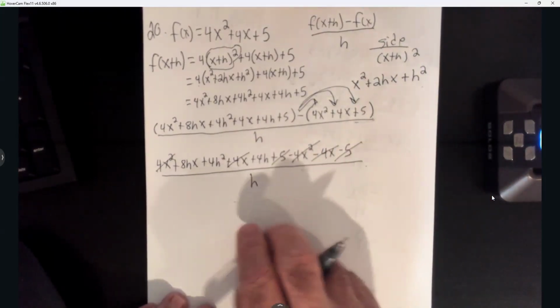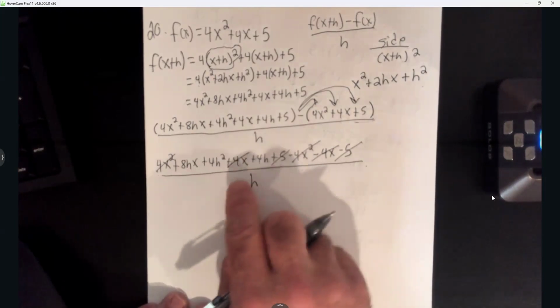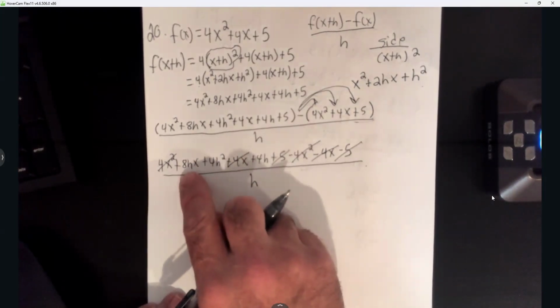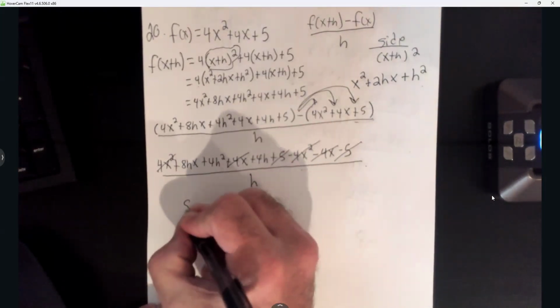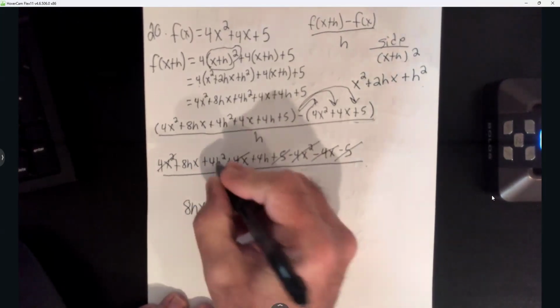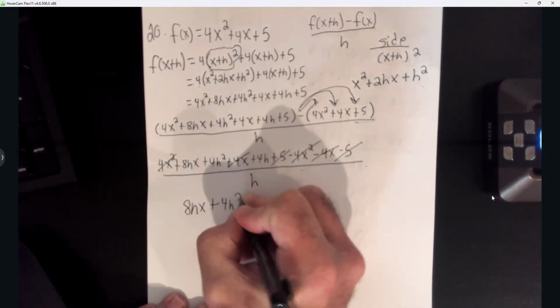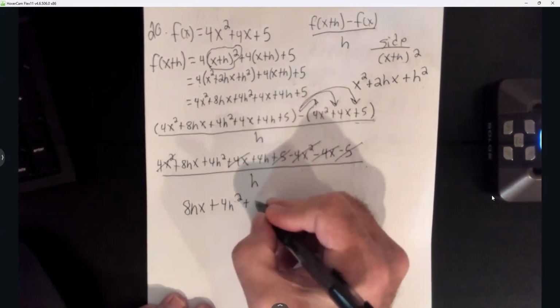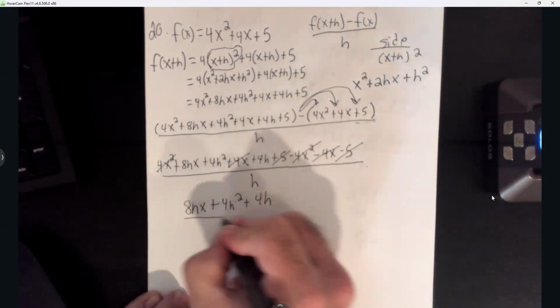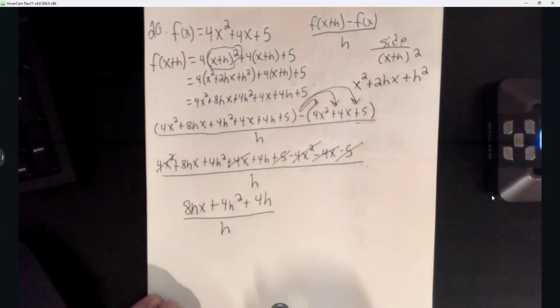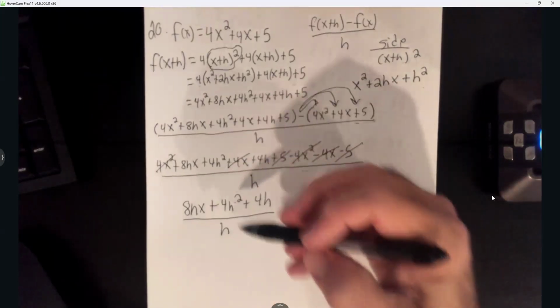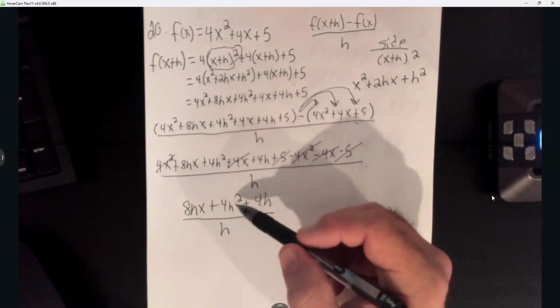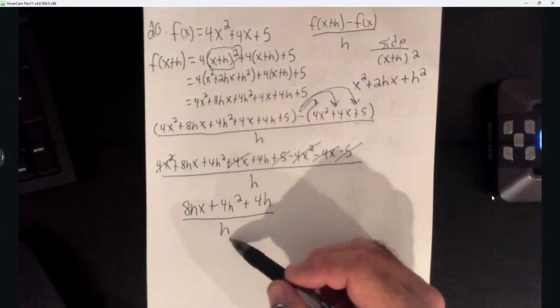At this point, the things with the h's is all that's left. So I got an 8hx plus 4h squared plus 4h all over h. And y'all, the last step is to divide every one of these tops by h.